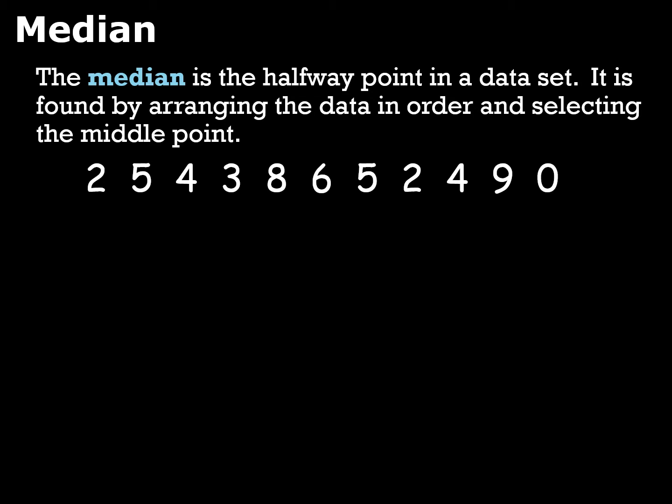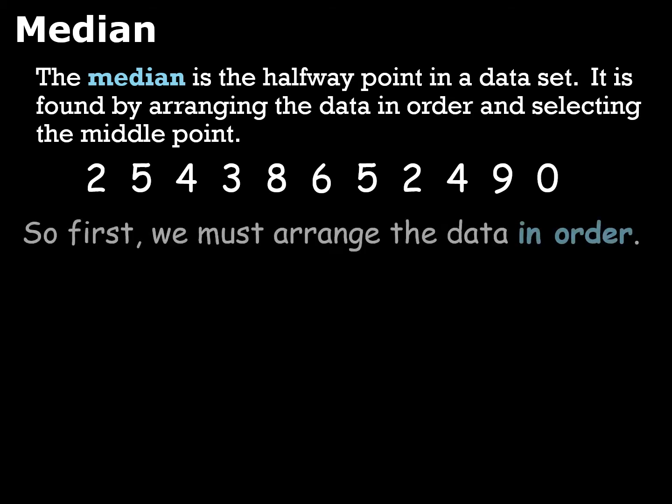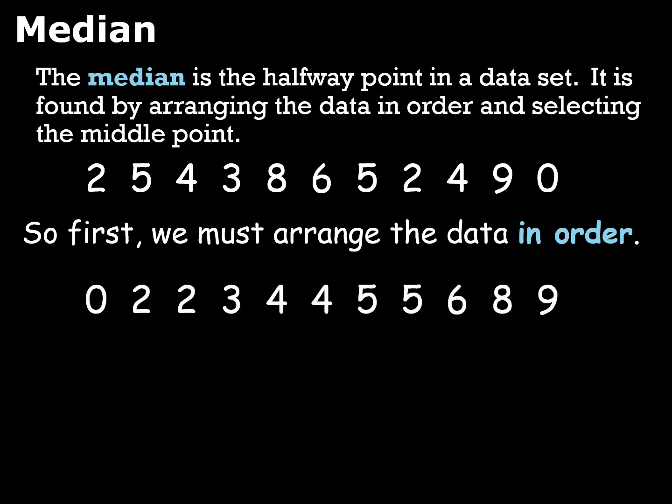So here is a set of values. First of all, let's put them in order. We would arrange the data in order, and this is what it would look like. We're finding the mean, the median, and even the mode this week for very small data sets.